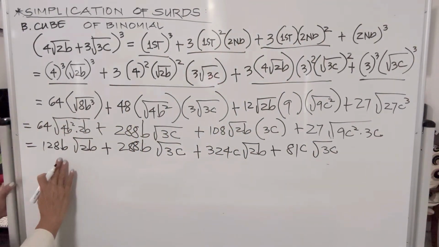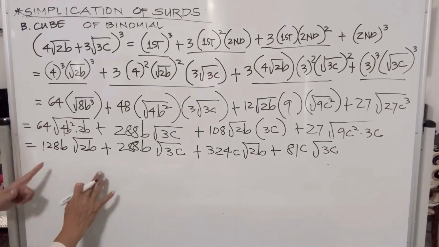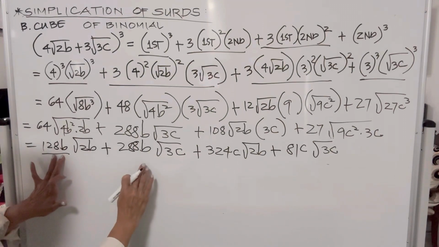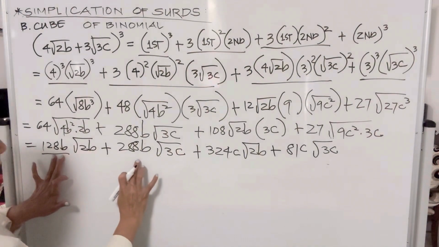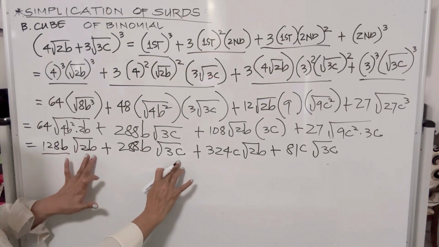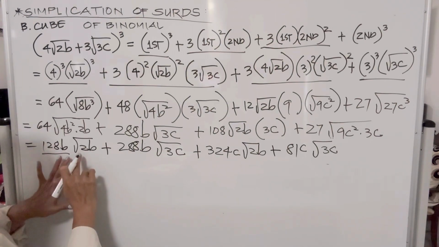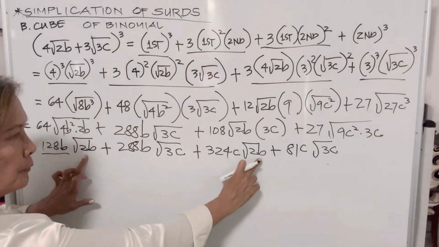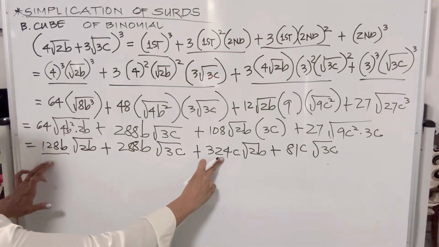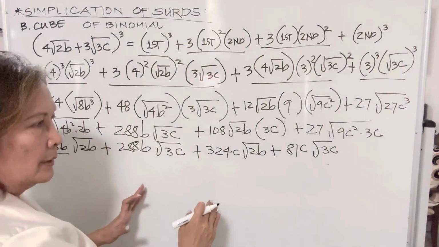Let us check, is there anything else that we can still combine? We have here 128b, we have here 288b, but their surds are different, so you cannot combine them. We have 128, we have 2b here inside, but because of their coefficients, they are not the same, so we cannot combine them as well.